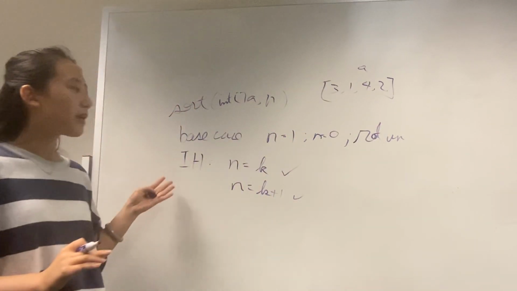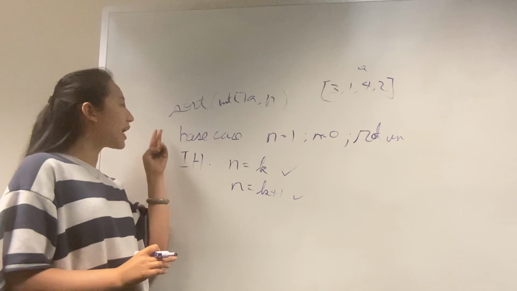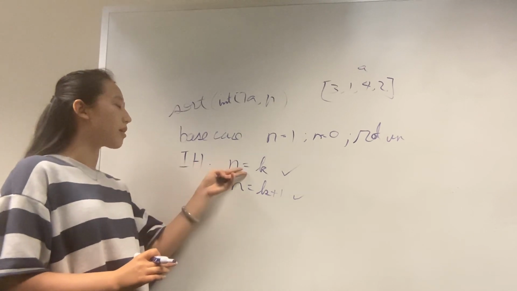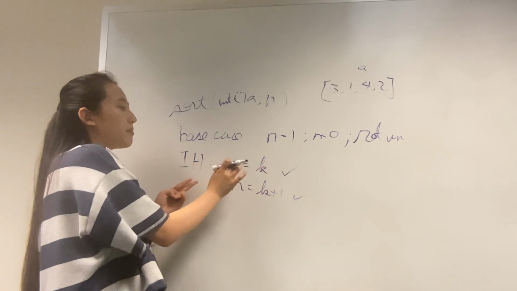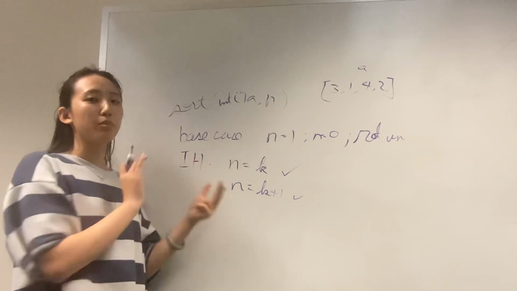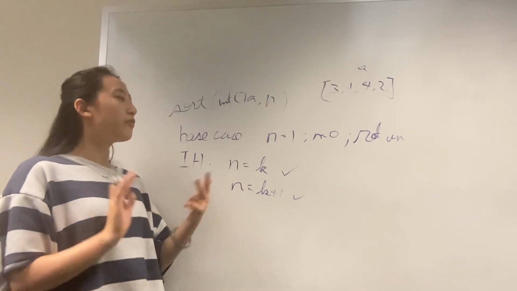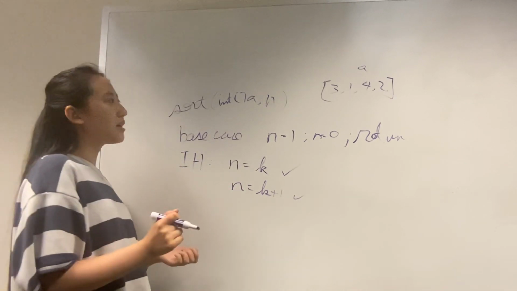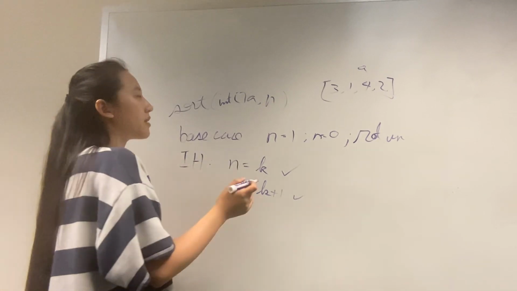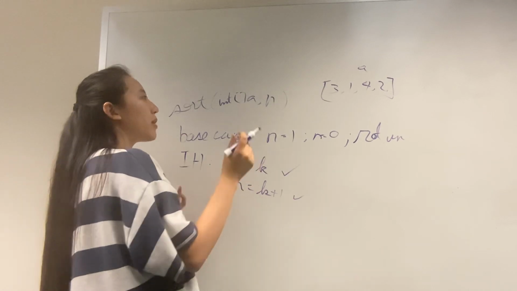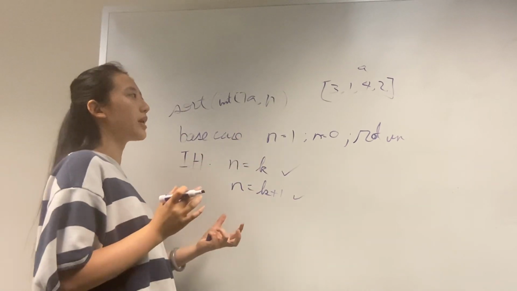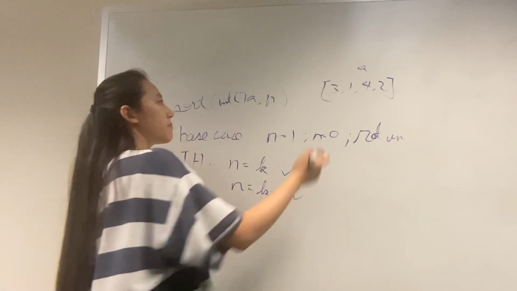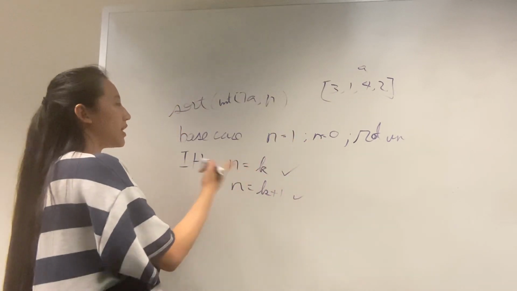So remember, the big picture is, if you can prove that the tiniest little parts work and the smaller parts, like some k less than n, work, then you can prove this for the entirety of the array. In this case, let's say we want some smaller subarrays, not the entire array, but also greater than the base case.